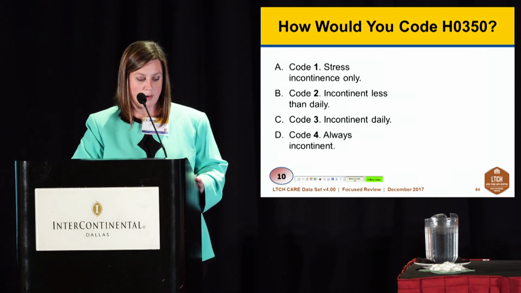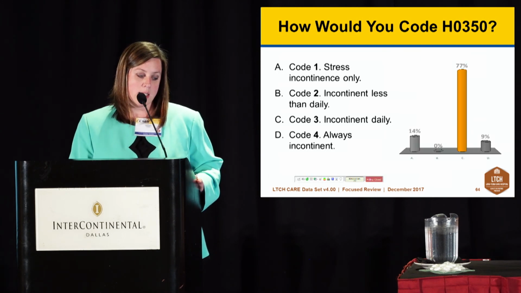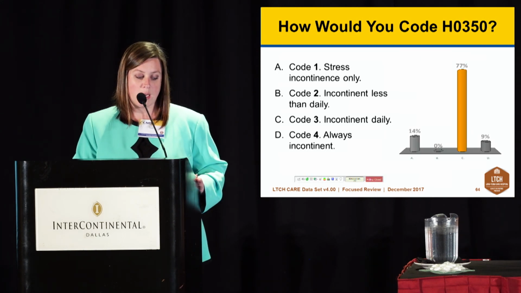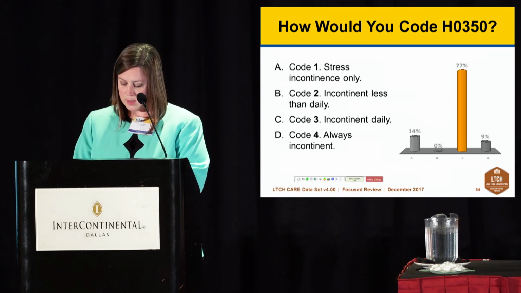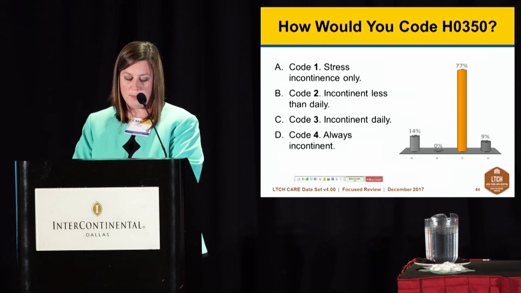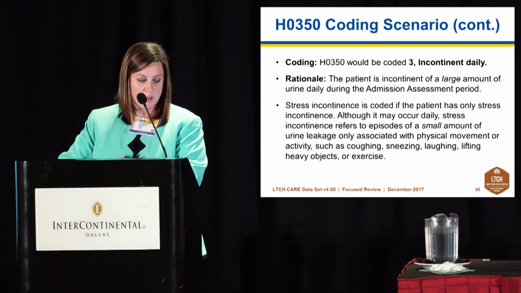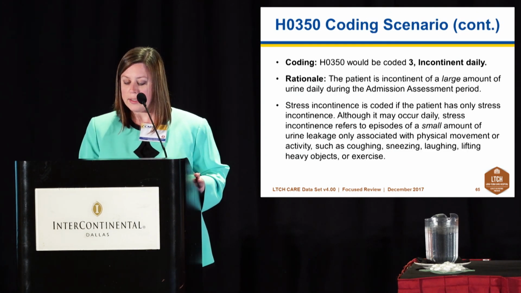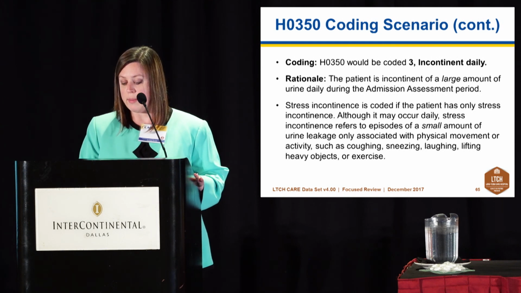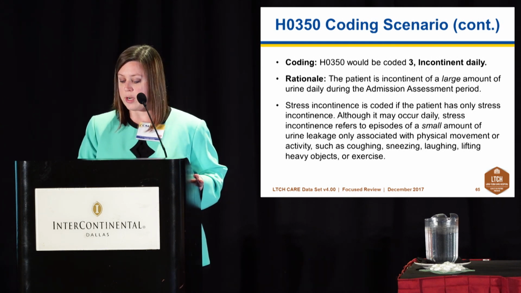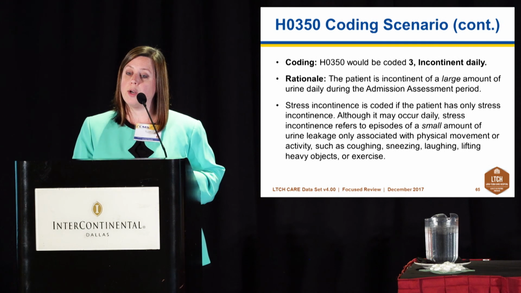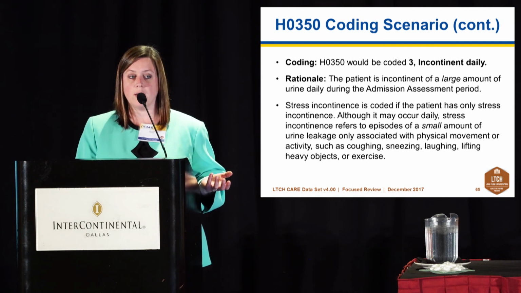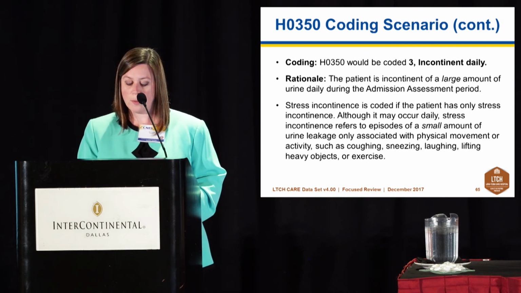Okay, it looks like all of our responses are in. 77% chose code 3, incontinent daily, and we'll review why this is the correct answer. In Mrs. B's case, she is incontinent daily because of large amounts of leakage, and that's considered incontinence. If we were referring to her diagnosis of stress incontinence, it would be a small amount of leakage.